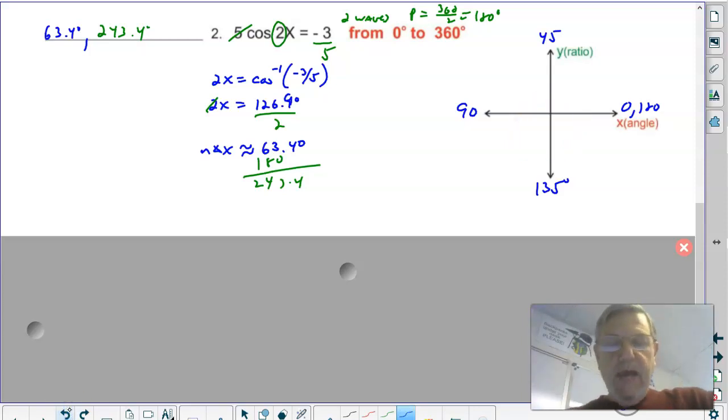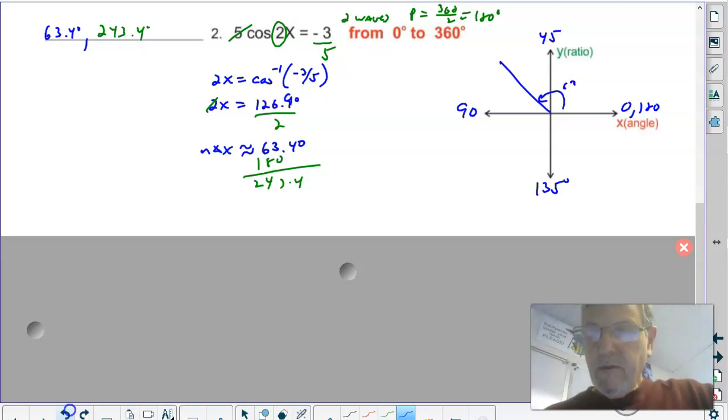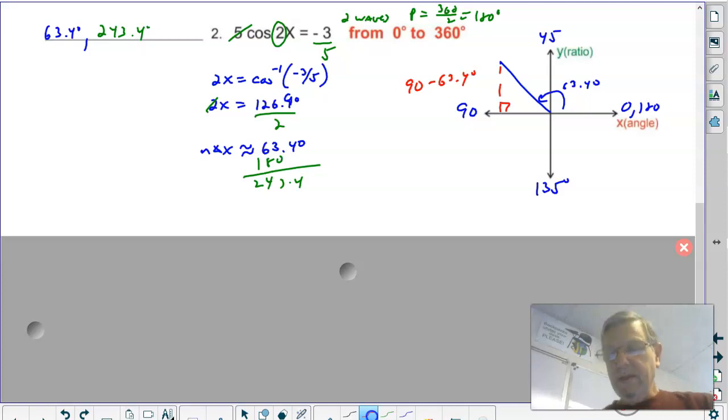Okay. So now when you do your 63.4, you are in here, right? This is 63.4 degrees. So careful now. The reference angle is 90 minus 63.4.